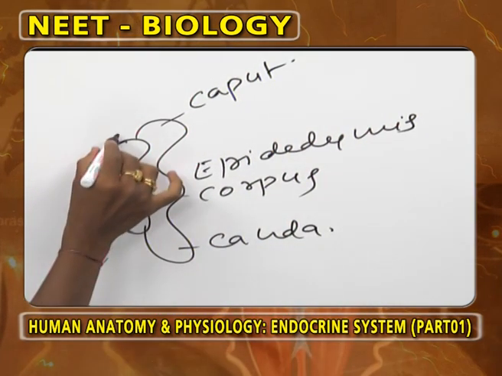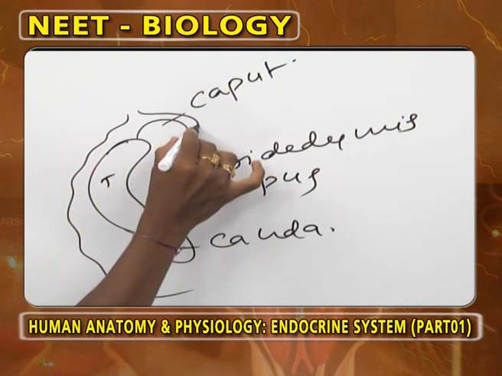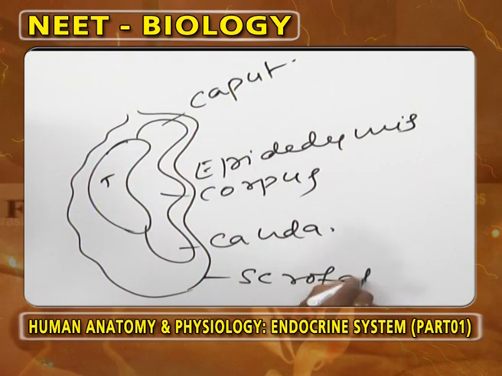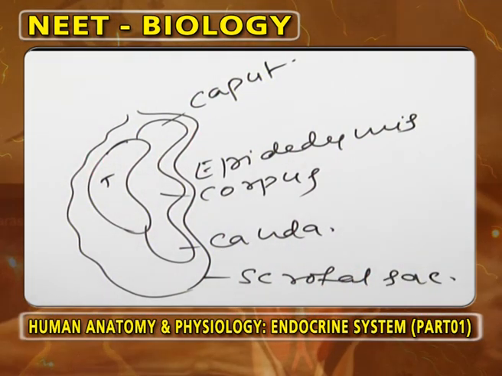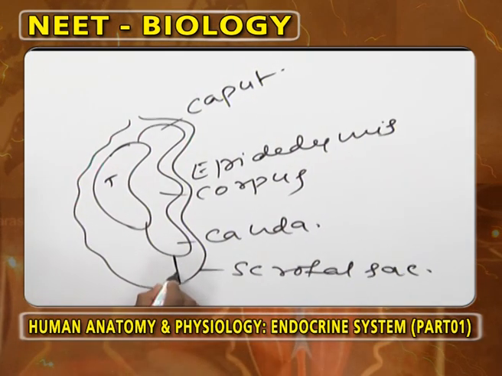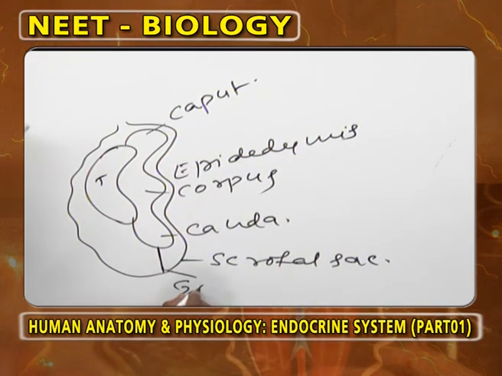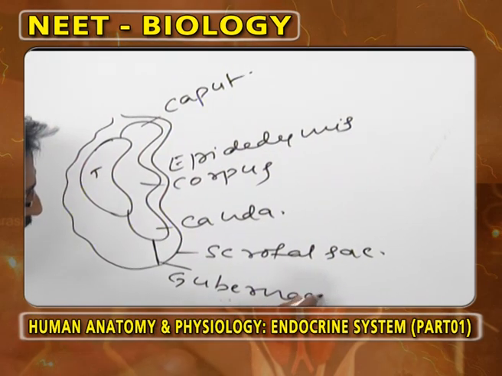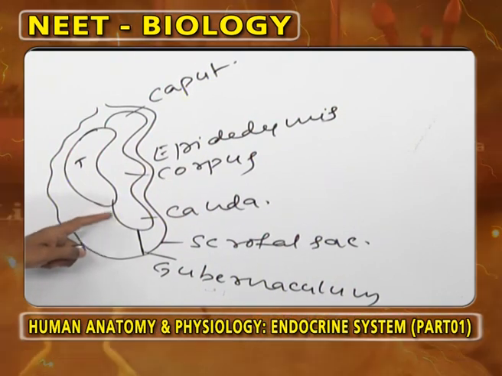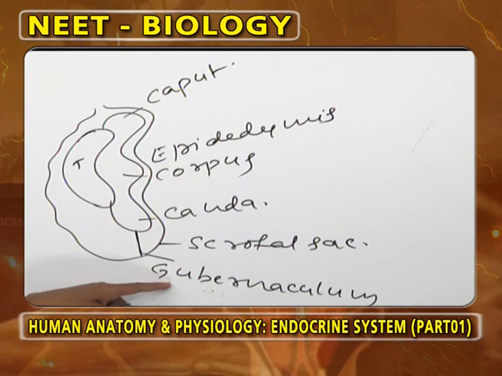Now this entire testis is present in a sac, which we call the scrotal sac. The chorda epididymis is attached to the scrotal sac by a tissue called gubernaculum.